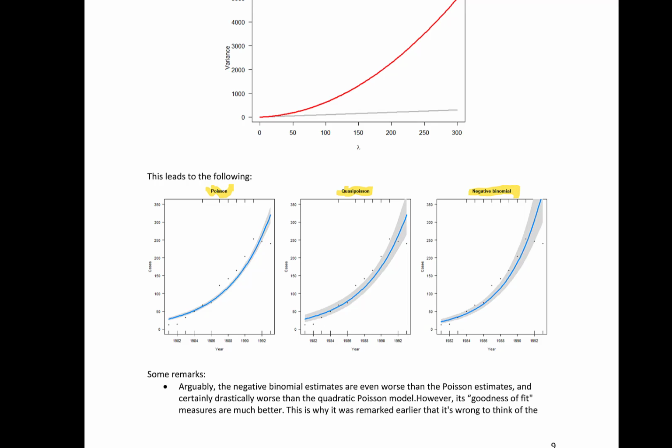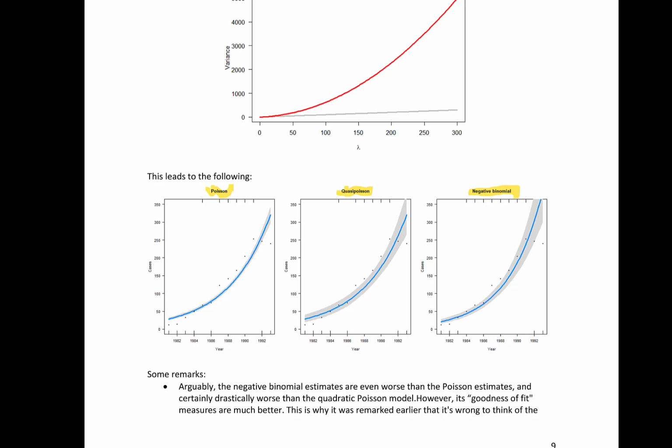In all three cases, our actual estimates are the same between these two, but we can see that especially the quasi-Poisson and the negative binomial are giving much wider error bars. And so arguably the negative binomial estimates are even worse than the Poisson estimates, and certainly drastically worse than the quasi-Poisson model. However, its goodness of fit is much better.